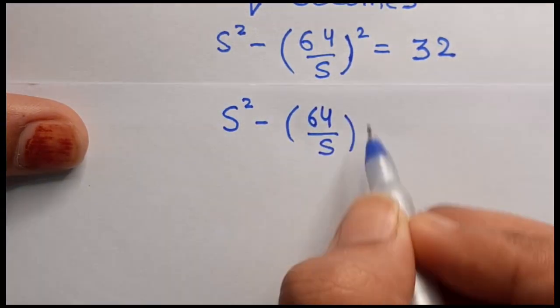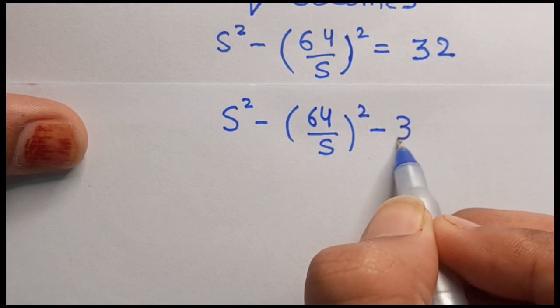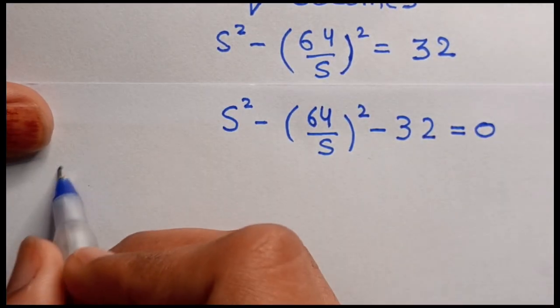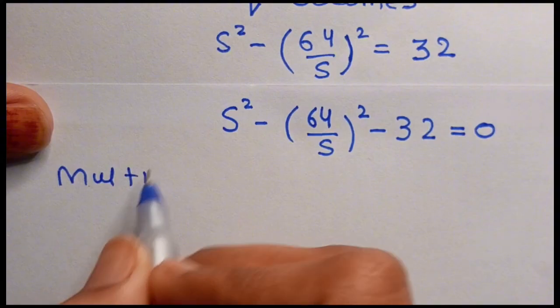So it becomes s square minus 64 over s whole square minus 32 is equal to 0.